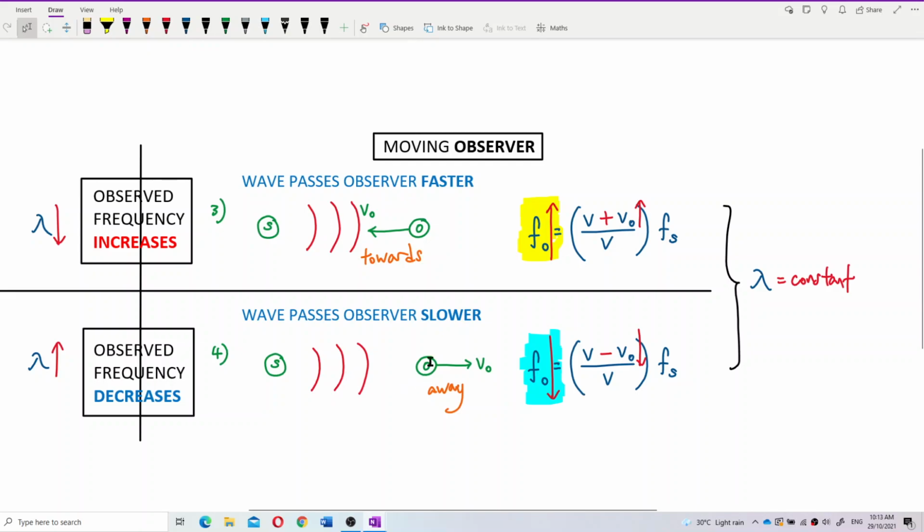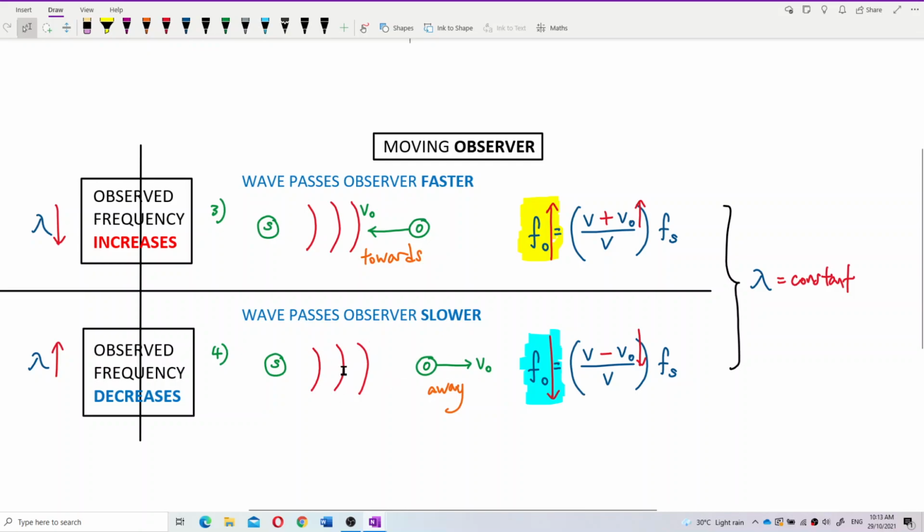Understand or not? For the one above, the observer moving towards the source means the observer is moving towards the sound wave. The sound wave is moving towards the observer and the observer is moving towards the sound wave, so the wave passes through the observer faster. But now, if the observer is moving away from the source, you are also moving away from the sound wave.